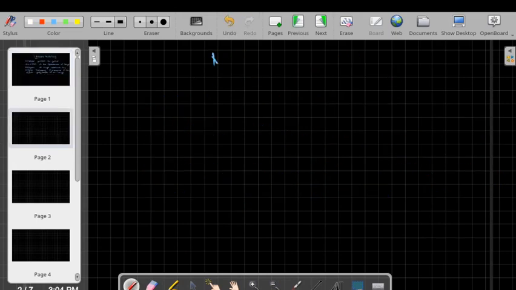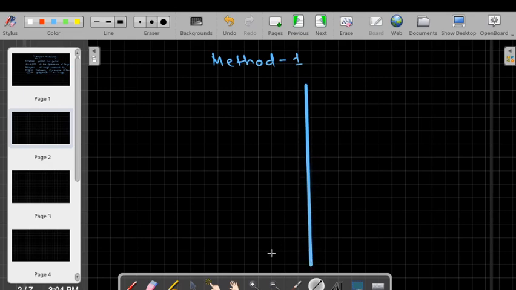So the first method is a very simple and traditional method, where on one axis we are going to plot the number of pixels, while on the other axis we are going to plot the gray levels.